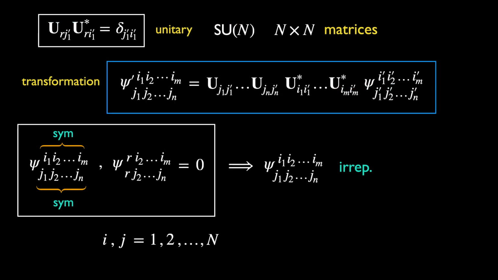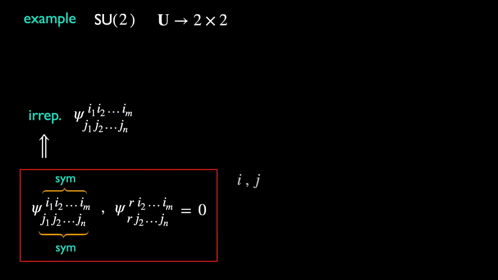Let's get back to our discussion on the tensor representation of SUN in terms of tensors that are both symmetric and traceless. Now we shall see how this works for SU2 transformations. All the indices take two possible values.